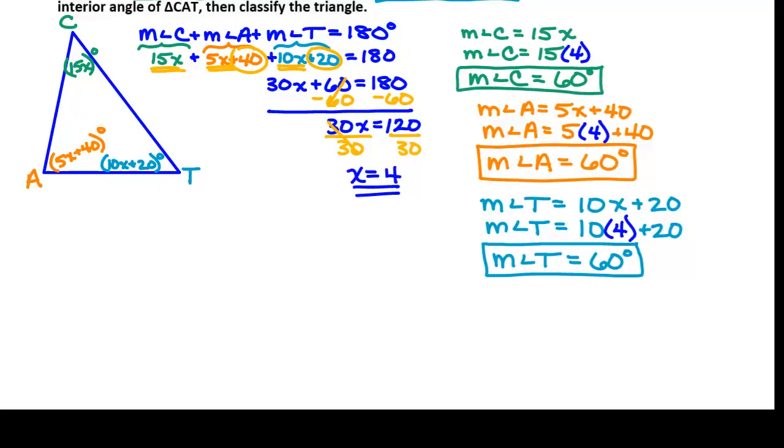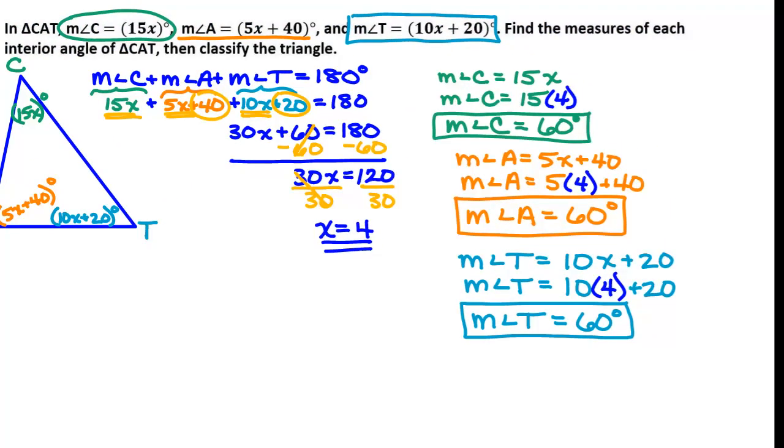We want to classify this triangle. It says then classify the triangle. Remember, every triangle, when we classify it, has two names, two classifications. One is based on the sides, and the other one is based on the angles. What do you notice about these three angles here?